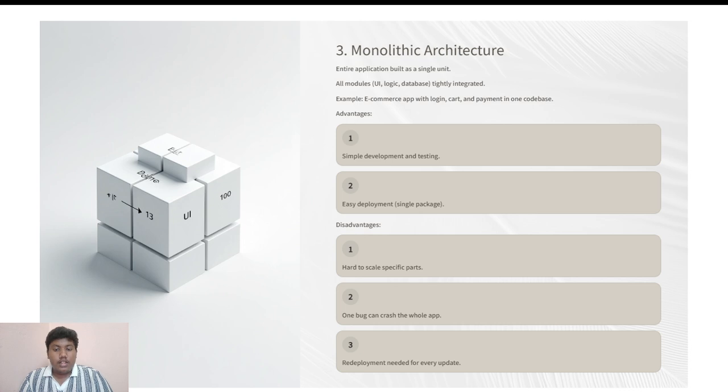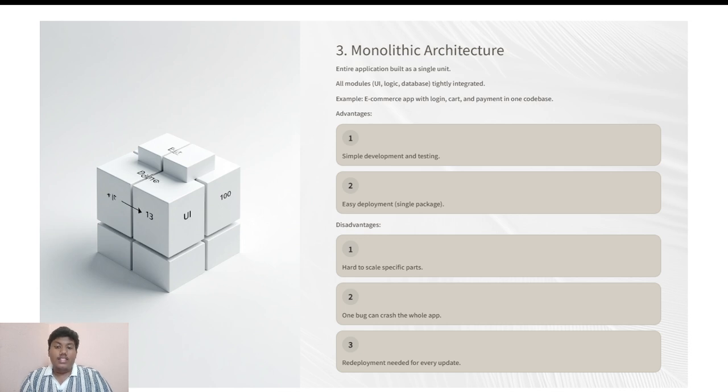In this model, the entire application's user interface, business logic, and database is built as a single unit. For example, an e-commerce app where login, product, cart, and payment are all in one code base.